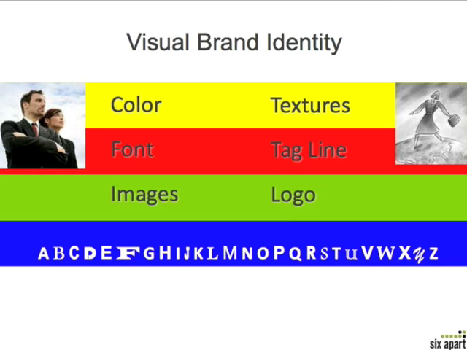I strongly recommend that you work with a professional designer in the process of creating your visual brand identity system. There are great resources through Six Apart. Certainly I have resources on my team. Take that brand summary, and you can turn it into a design brief.